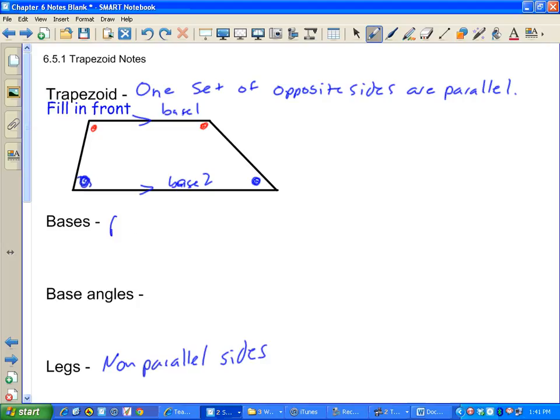So the bases are the parallel sides. Legs are the non-parallel sides. The base angles are consecutive angles on the same base.